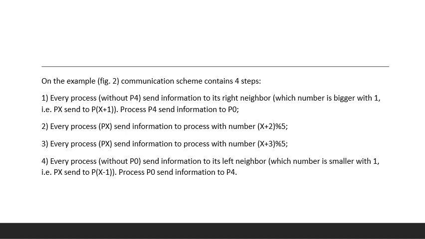Every process Px sends information to the process with number (x+2) mod 5. Every process Px sends information to the process with number (x+3) mod 5. Every process except P0 sends information to its left neighbor, whose number is smaller by 1: Px sends to Px-1, and process P0 sends information to P4.